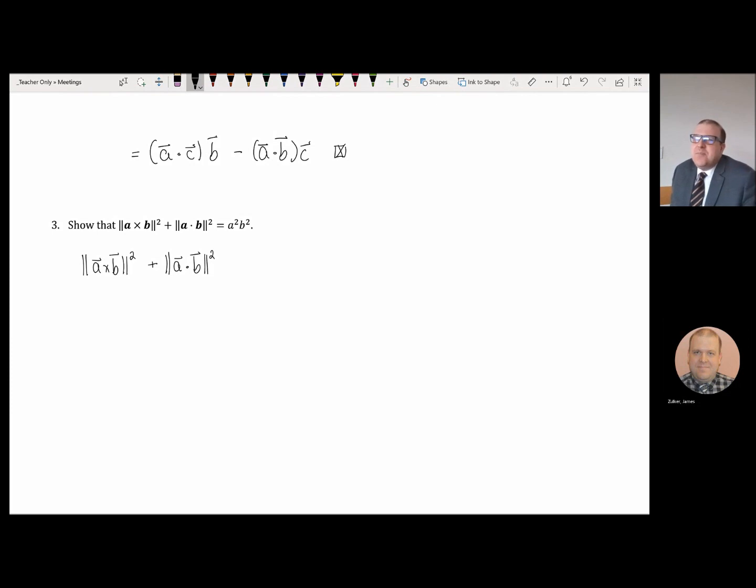This is a very simple proof. Magnitude of A cross B. How can we write that?